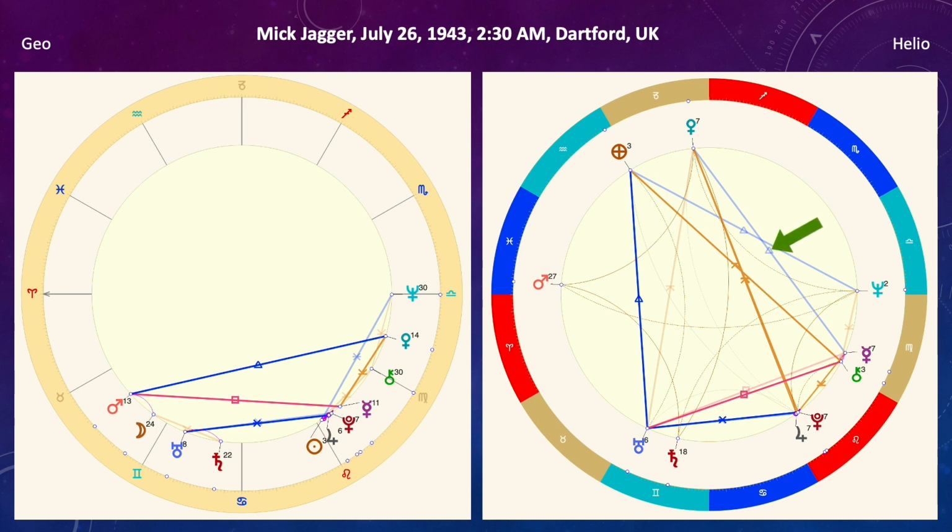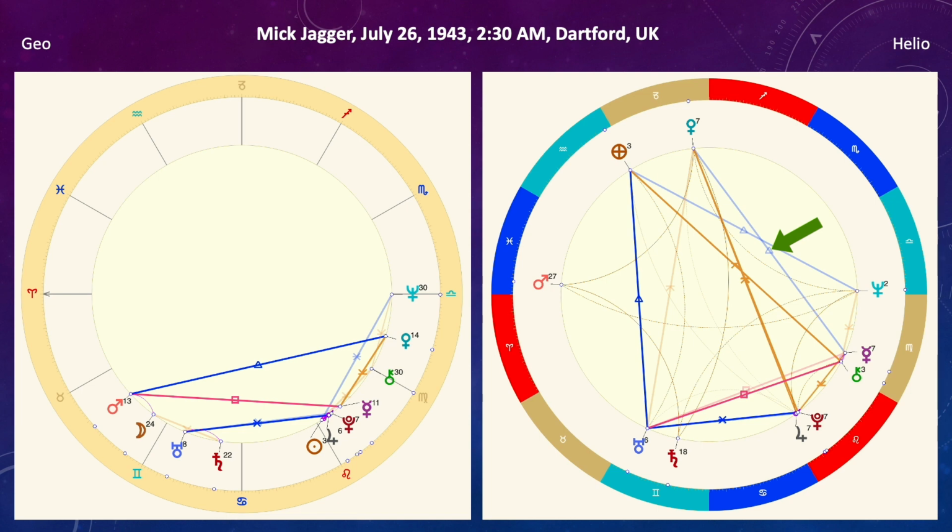The next important detail to notice is the trine between Venus and Mercury in the helio chart. Such an aspect is impossible in a geochart. In geocentric astrology, Mercury and Venus are always somewhere around the Sun. The distance between the Sun and Mercury cannot reach even 30 degrees.